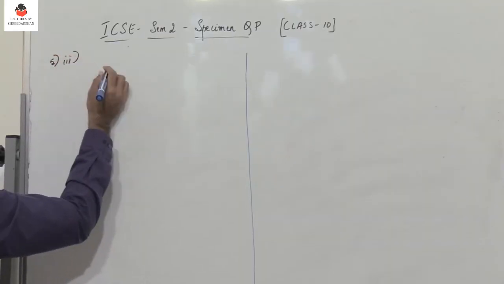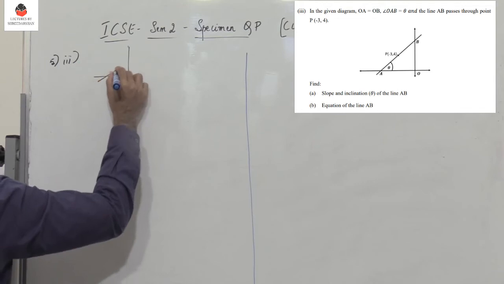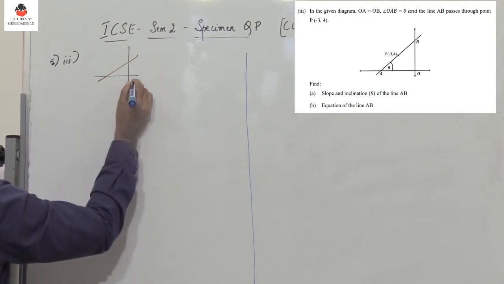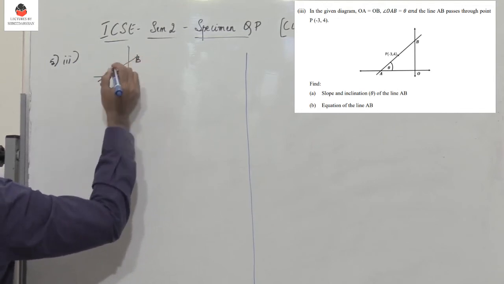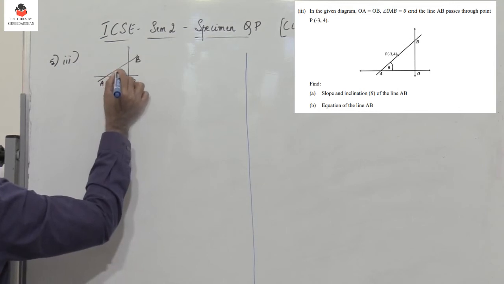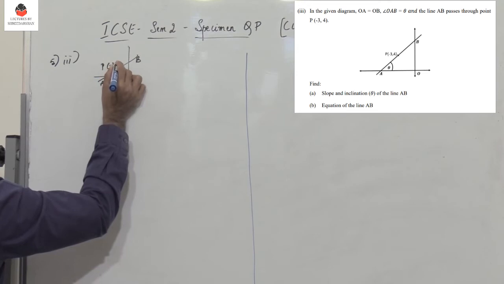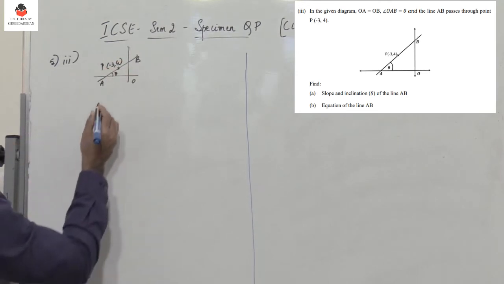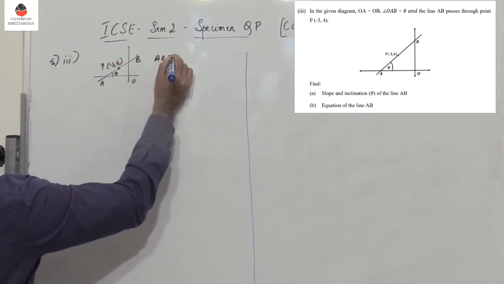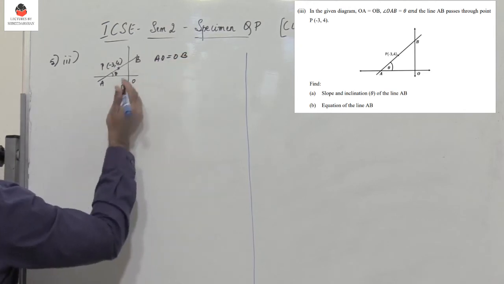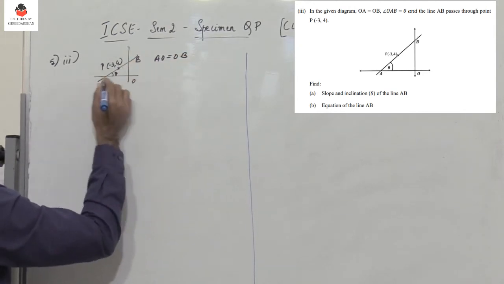5.3. In the given diagram, this is OAB. The angle is θ and you have point P, which is (−3, 4). Given AO is equal to OB, and these are the X and Y axis.